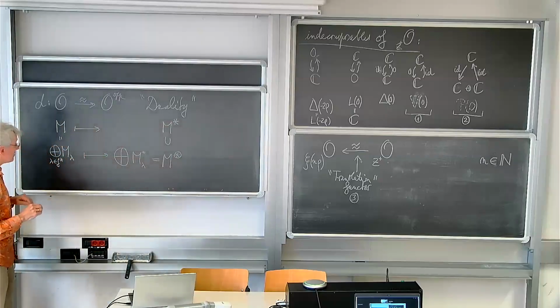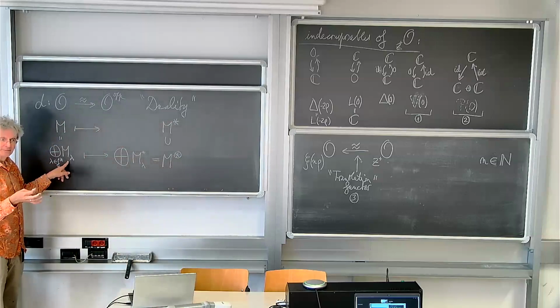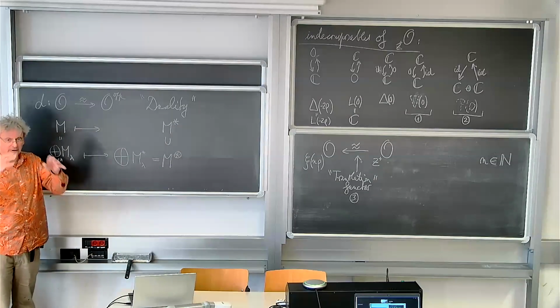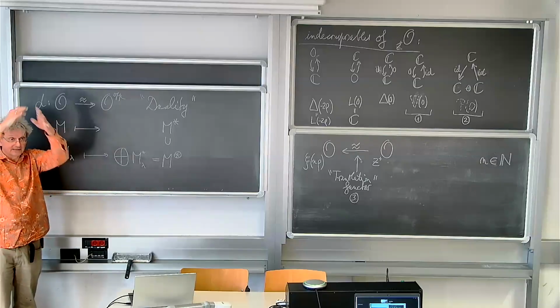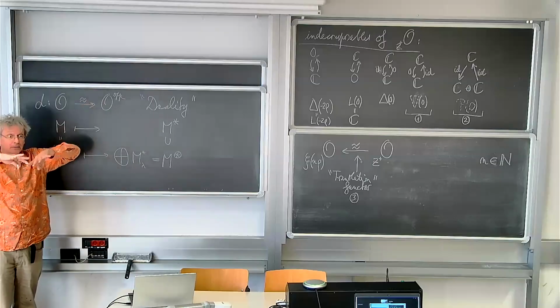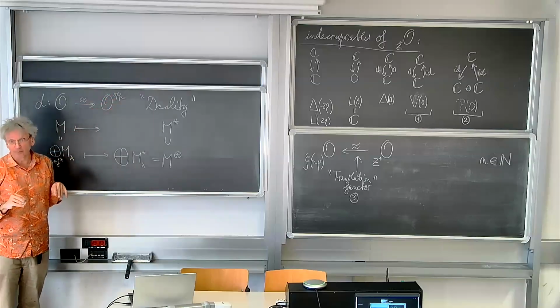But there's another bad thing, namely that the dual of a weight space will be a weight space with a negative weight. So a highest weight module, like the Verma module, will get transformed to a lowest weight module, which is not what we want.